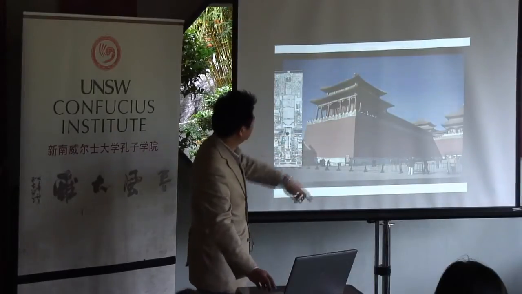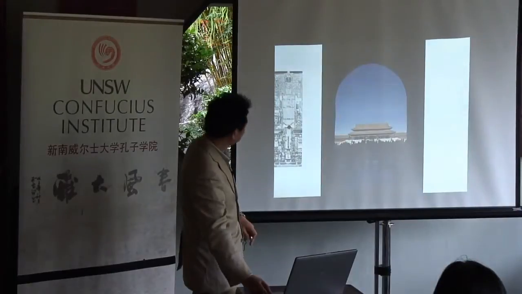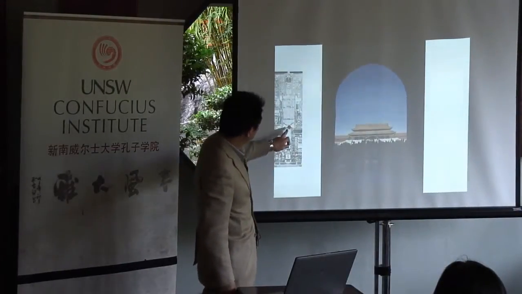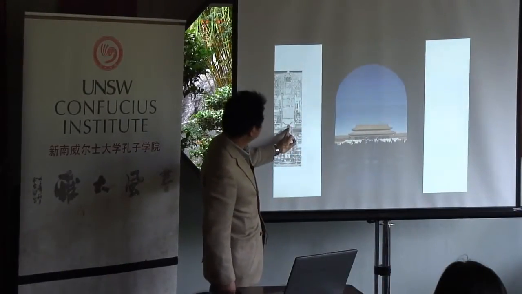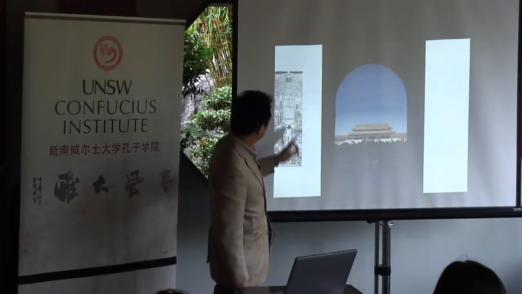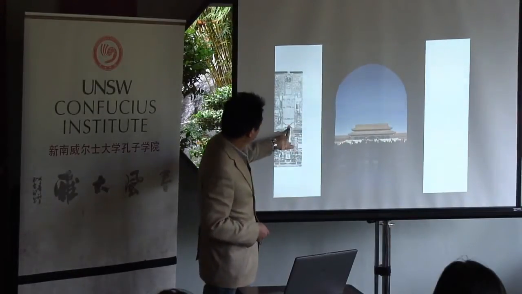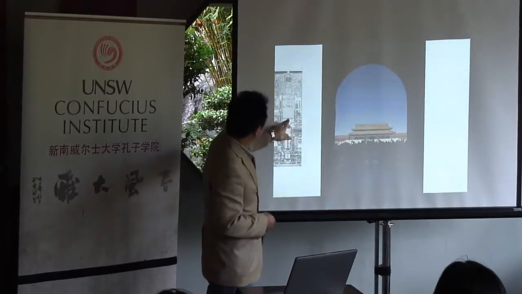The Wumen has the watchtower. Yeah, we stand at the Wumen gate and look at the third gate. This gate is the Taihe gate.